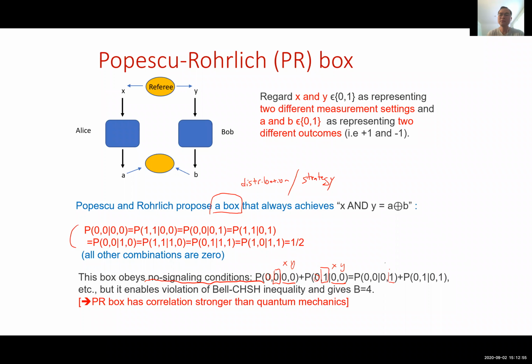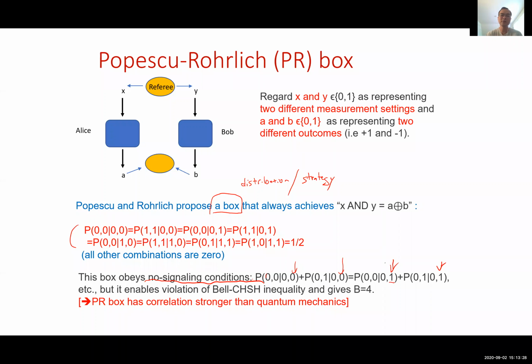if Bob is given a different bit. So I should say, maybe I should highlight the difference here. Meaning that the probability distribution should not change even if Bob is given a different instruction, because Alice has no way to know what Bob would do.